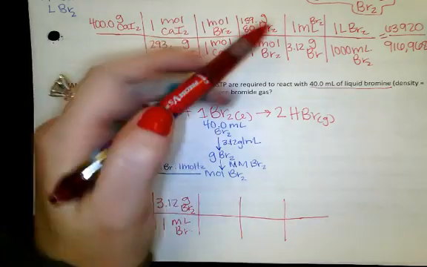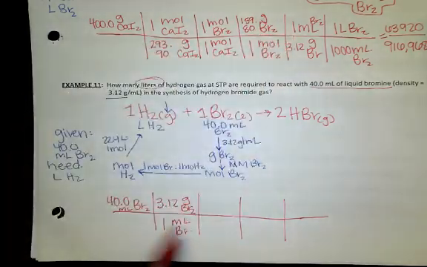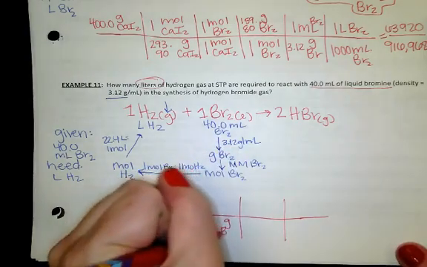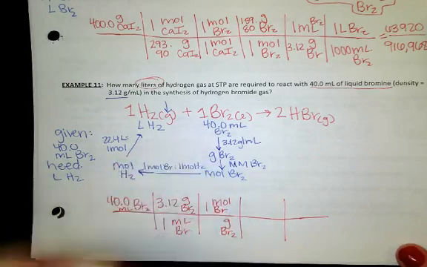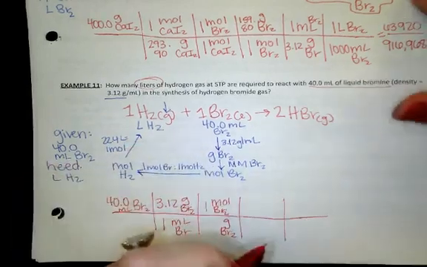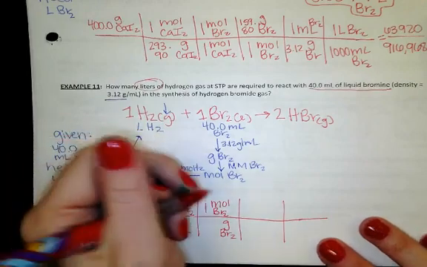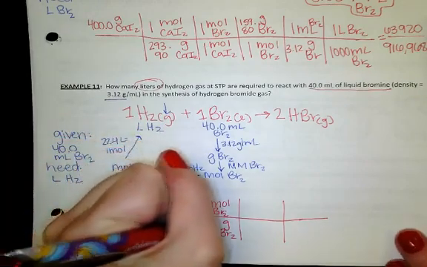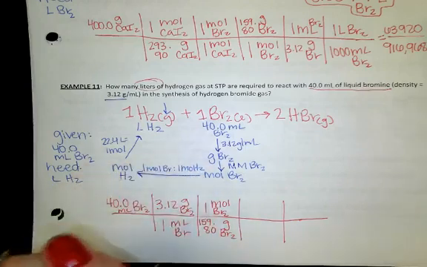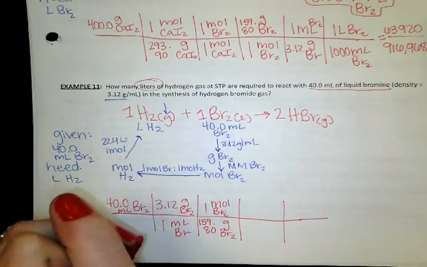Then, we're going to go from grams of bromine to moles of bromine using the molar mass of Br2, which we calculated up here. That molar mass is 159.80. Okay, so we got 159.80 grams of bromine in 1 mole of bromine. Then we're going to use our mole to mole ratio from our balanced equation.